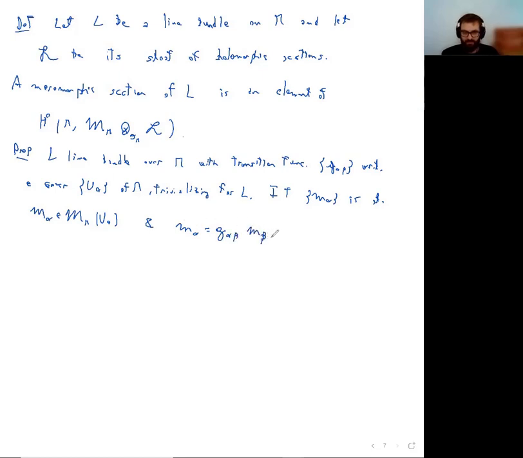Yeah, so if the m alphas and beta were holomorphic sections, then this would simply mean that they glue to a global section. What we're saying in this proposition is that the same is true for meromorphic sections.